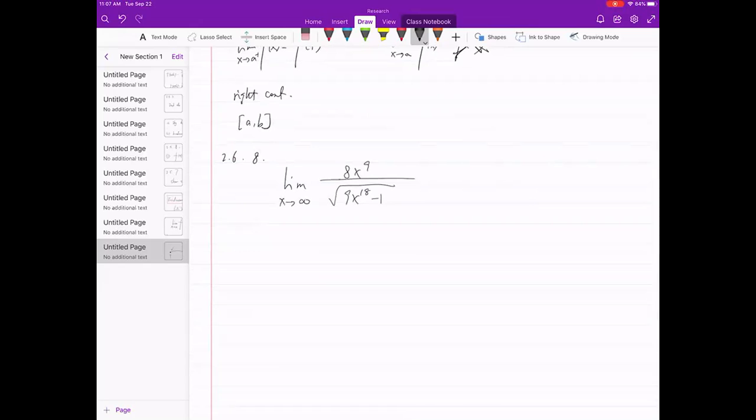So the first thing we do is we plug in infinity. We cannot plug in infinity, but we roughly know what we mean, right? It's just like the top is infinity, the bottom is infinity because this is huge. So roughly, we have an indeterminate form.